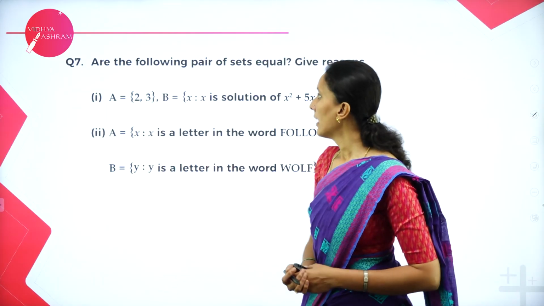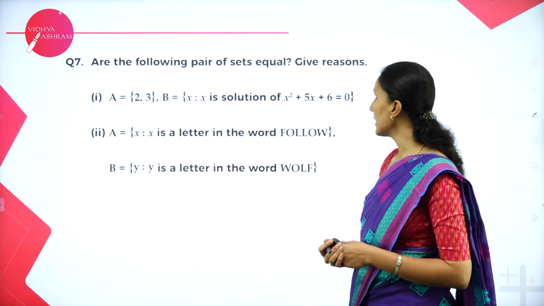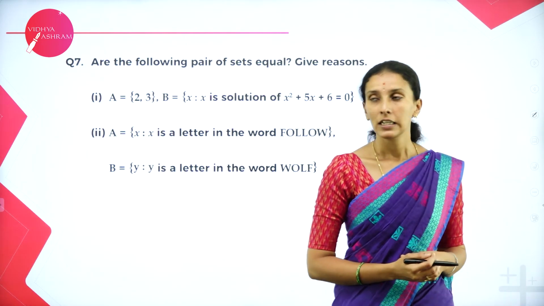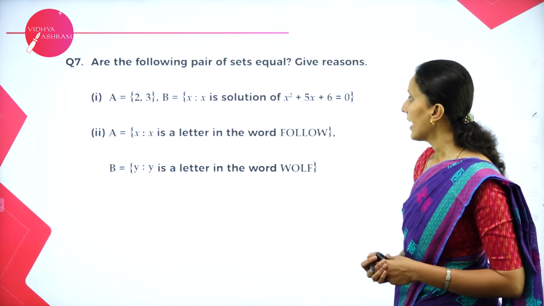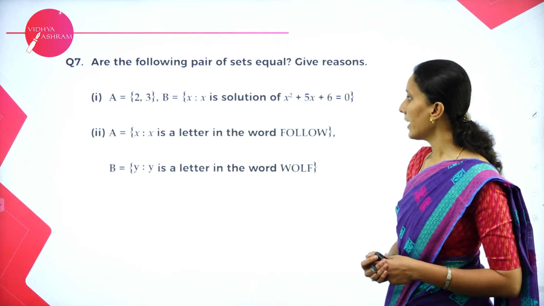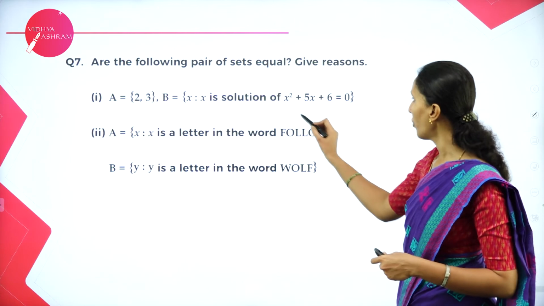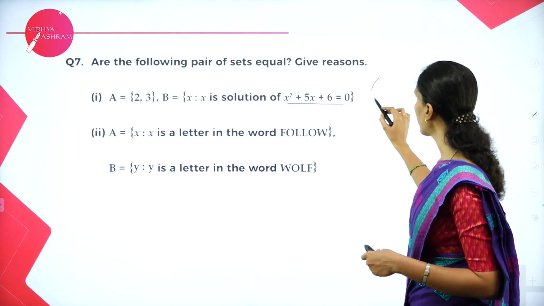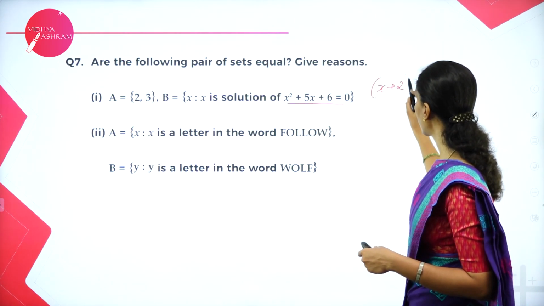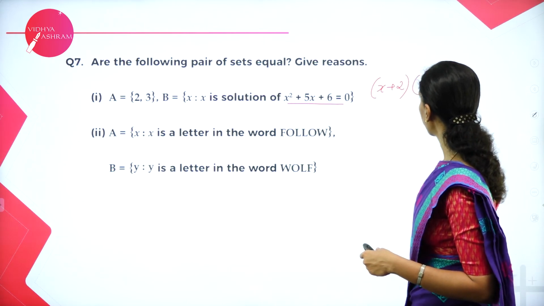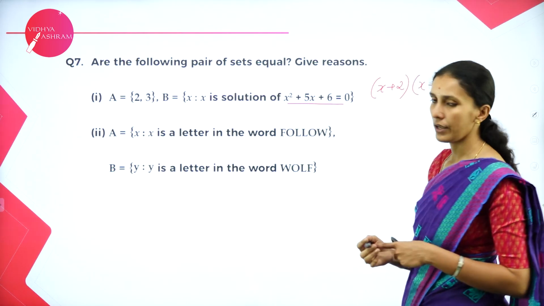Next question. Are the following pairs of sets equal? Give reason. The first one, A is 2, 3. B is the solution of x square plus 5x plus 6 is equal to 0. When you solve this equation, you will get two factors, x plus 2 and x plus 3, equal to 0.